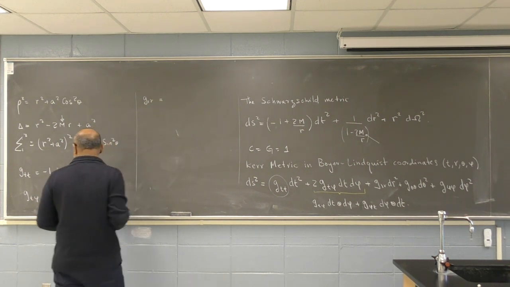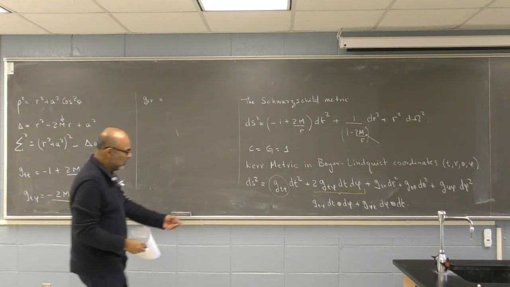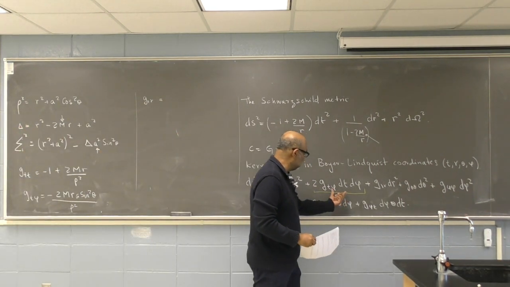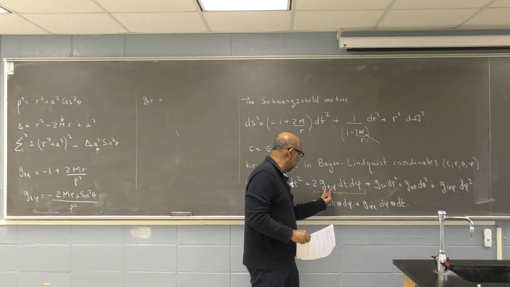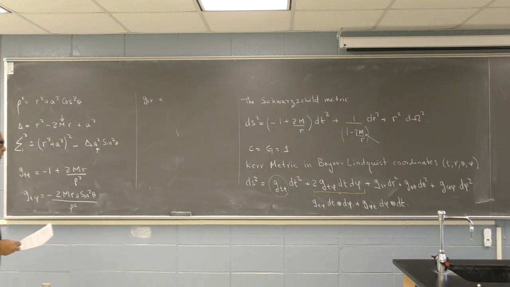g rr, and you can see, so this is a very new feature, right? I've written it here just to expand notation, but this cross term is a new feature, and indeed is responsible for many of the effects we'll see in Kerr geometry. You will see that here minus 1 dominates.